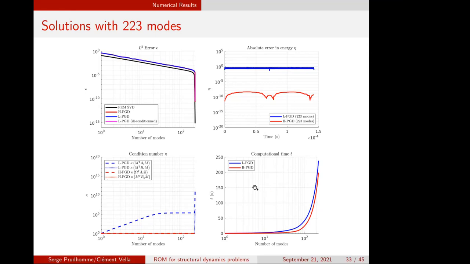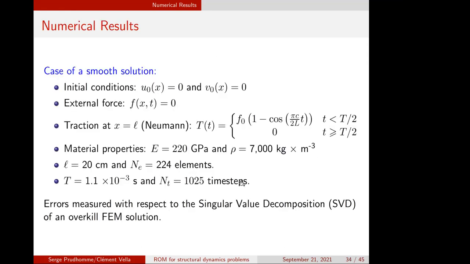Basically, this is during the fixed point iterations. HPGD was converging faster for the fixed point method, also because we could take advantage of this separation of the two modes, and converge maybe faster for one, and then accelerate the convergence of the other. All right, that was the first case.